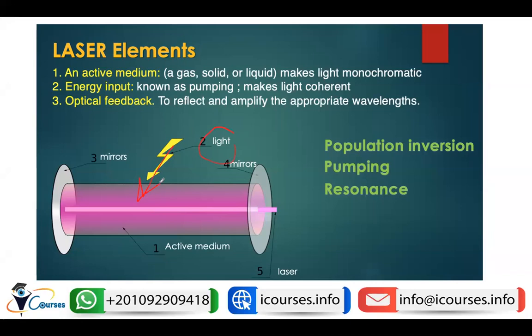This will result in activation, or what's called population inversion, meaning that allowing this energy to hit this active medium, which is called pumping, results in the majority of the electrons being in a higher energy state than the ground state.